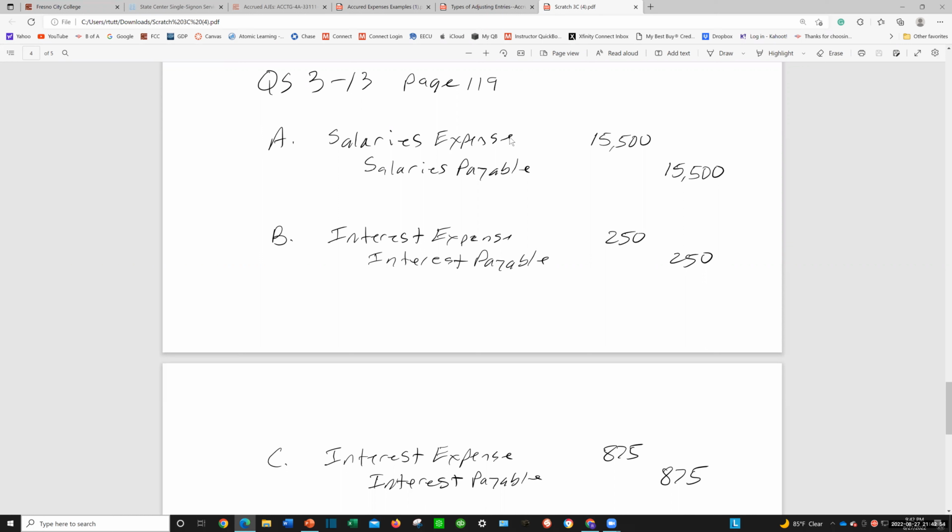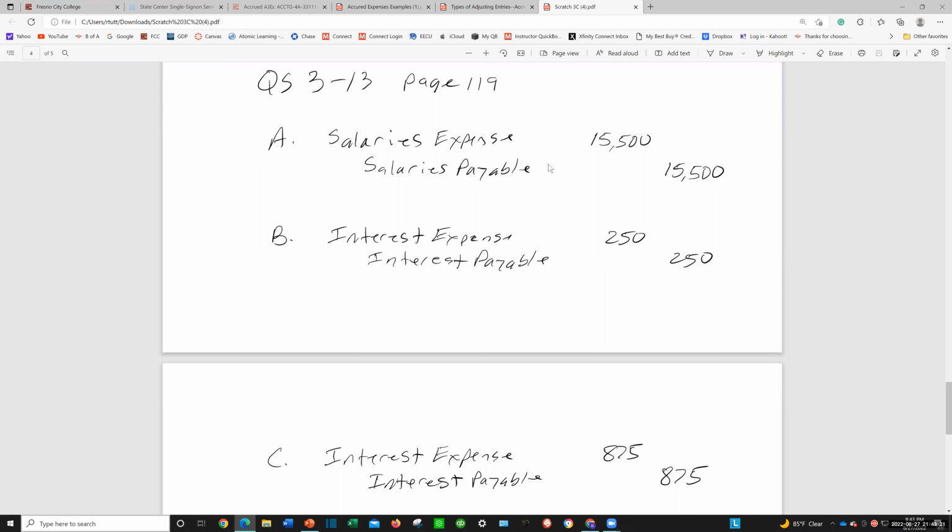So the expense happened, so we record it, debit salaries expense 15,500, but yet we haven't paid them yet, so now we owe it to them. So we're going to credit salaries payable by 15,500. So again, debit salaries expense 15,500, credit salaries payable 15,500.